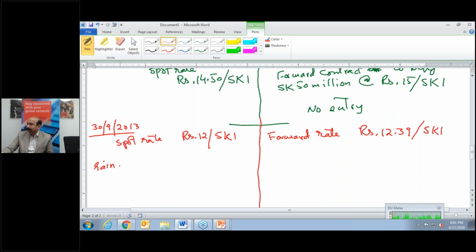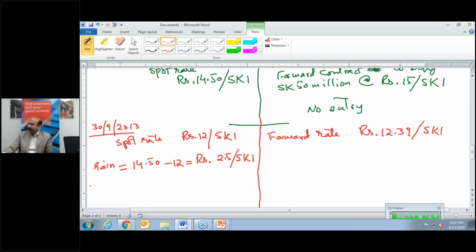How much? Let's calculate. Gain is equal to 14.5 minus 12, rupees 2.5 per SK. This is the gain, and this gain is only a reference.